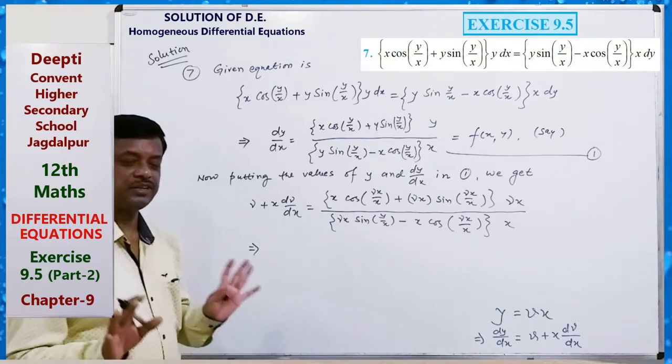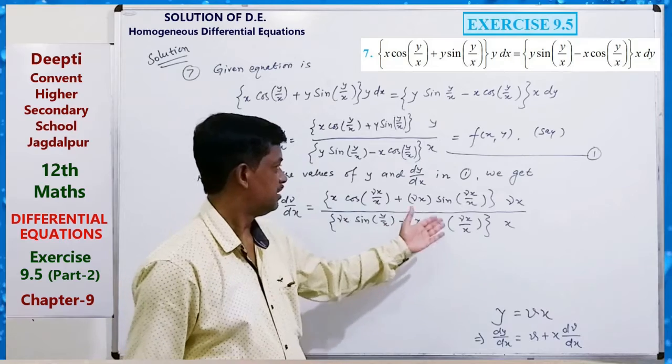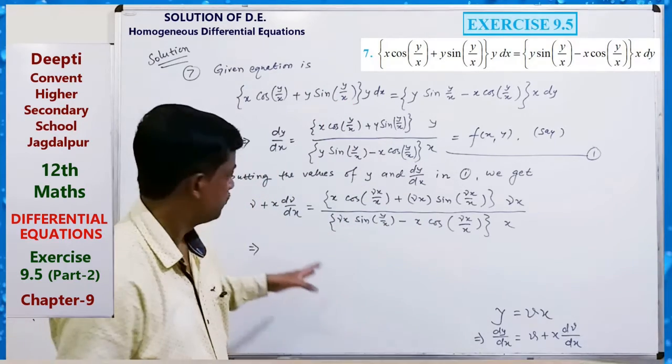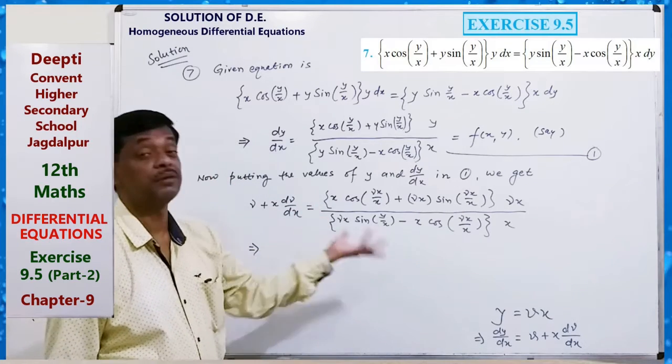After this stage, we can see that the given differential equation is converted to a differential equation where v is the dependent variable and x is the independent variable, which is in separable form.